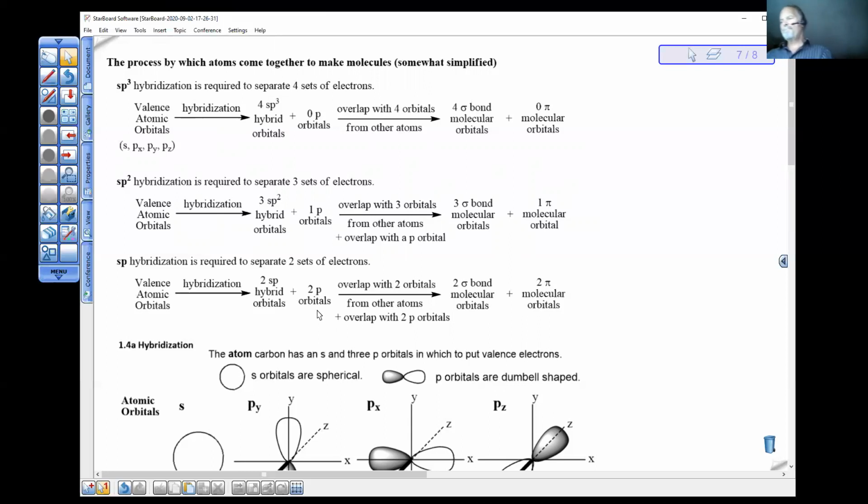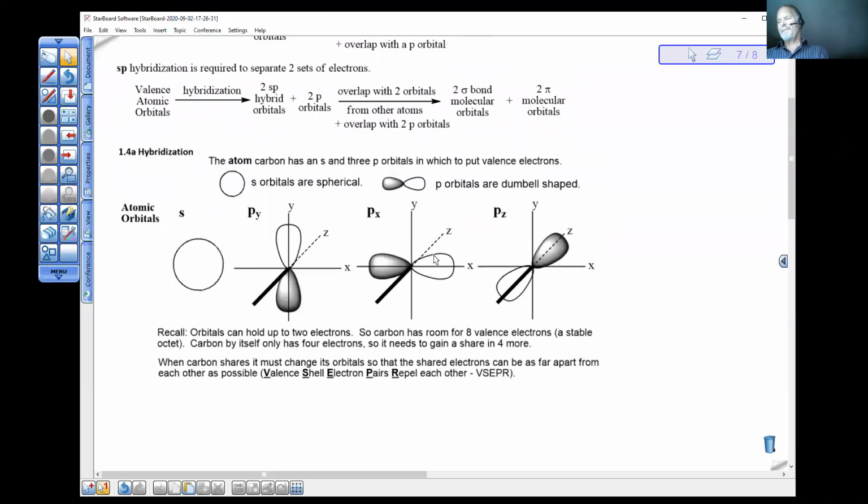Okay? And 2 sigma orbitals will make sigma bonds, and the p will make pi. All right. So let's look over on our next page.